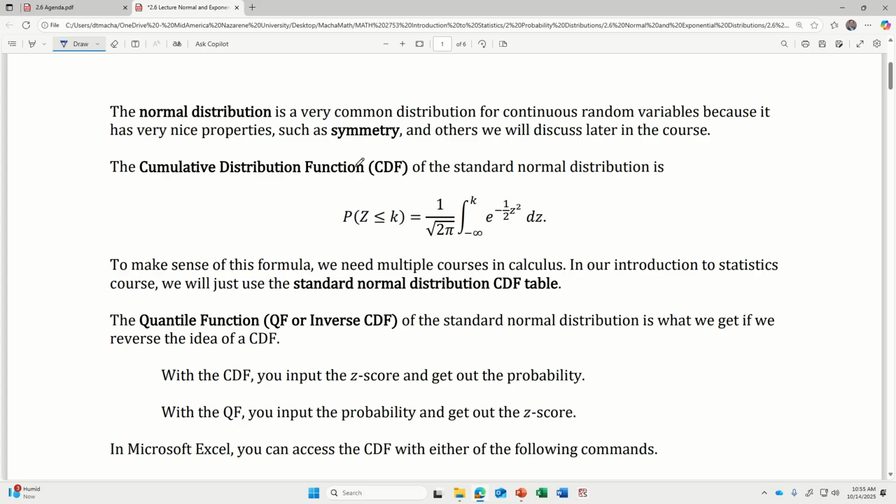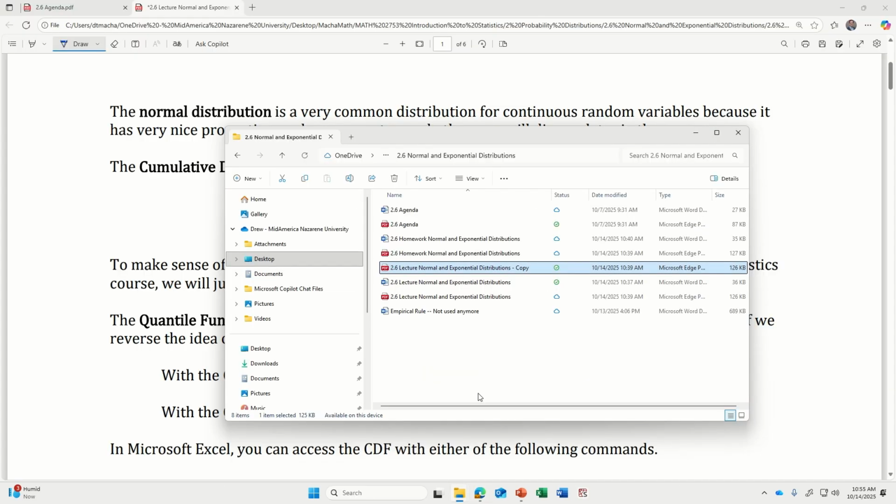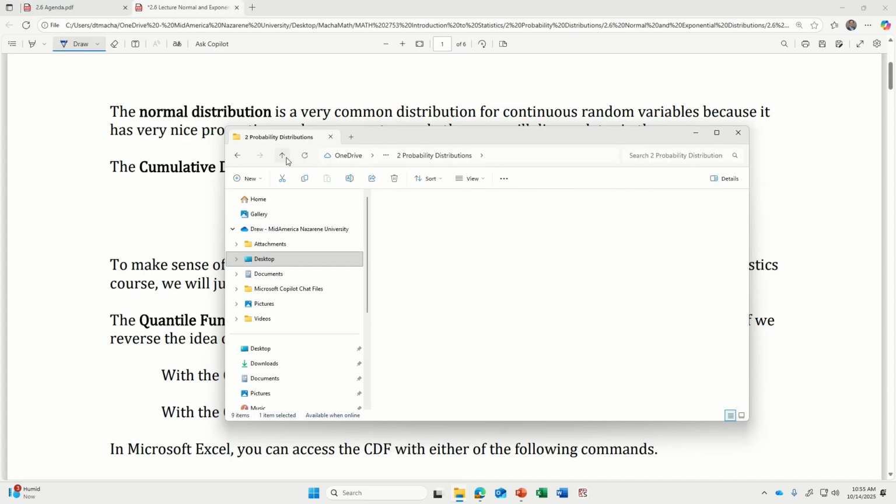When we say that a random variable is normally distributed, we mean that the probabilities of observing a particular outcome follow this function. And it's really crazy. It looks complicated. We are not going to directly evaluate the cumulative distribution function, or the CDF. In this class, we are going to use tables.